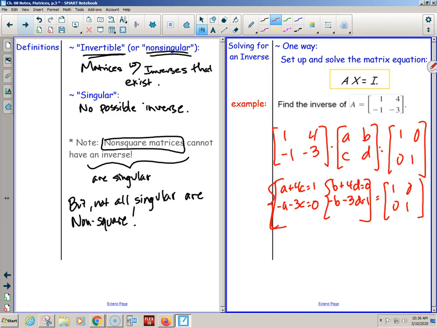Is it possible? Totally. But what's the dilemma? How bad is it for a 2 by 2? Not bad. Think about a 3 by 3, or a 4 by 4, or a 5 by 5. There has to be a better way, right? There has to be a better way.